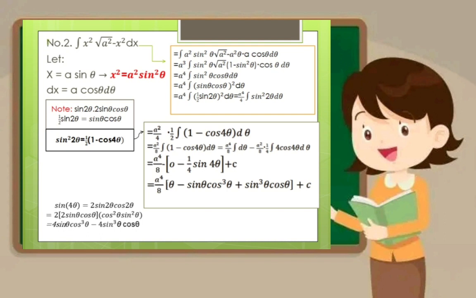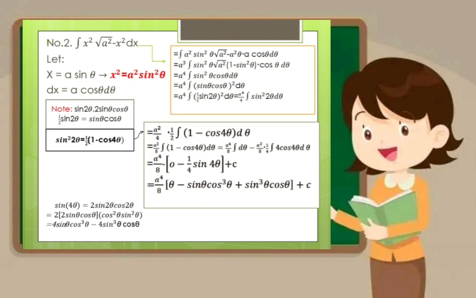And then remember, on the left side, note that sine of 2 theta is equal to 2 sine of theta cosine of theta, so 1/2 sine of 2 theta is equal to sine of theta cosine of theta. We can substitute it here.